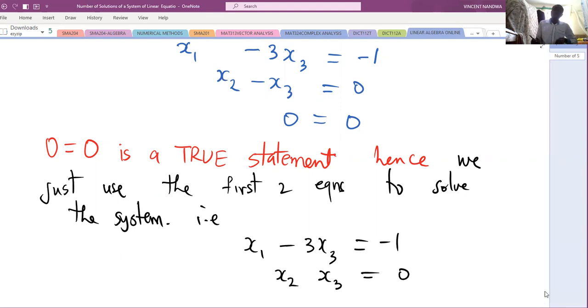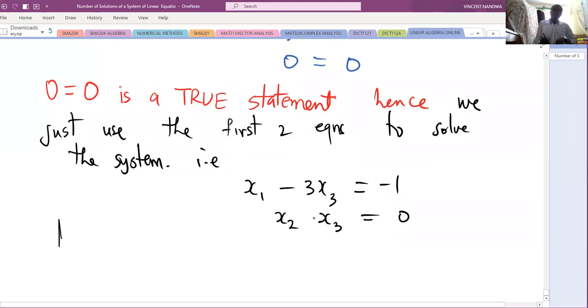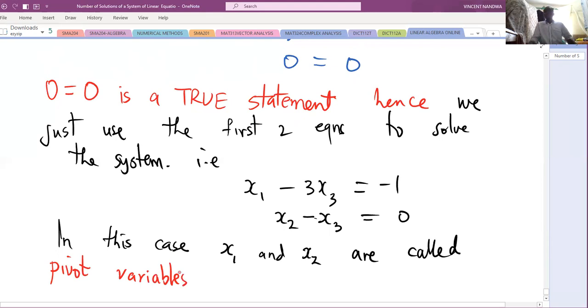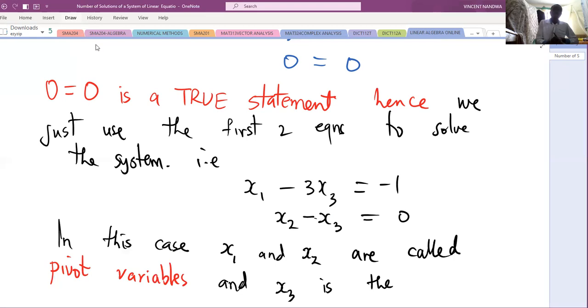Now, in this case, x1 and x2 are called pivot variables. So pivot variables are variables which have leading ones in the row echelon form matrix, and x3 is a free variable.